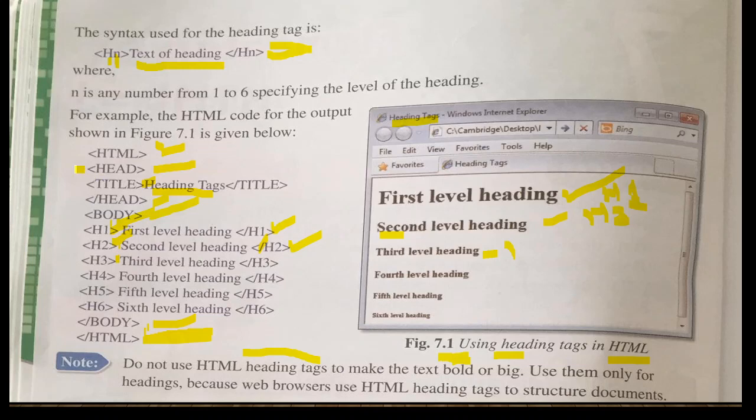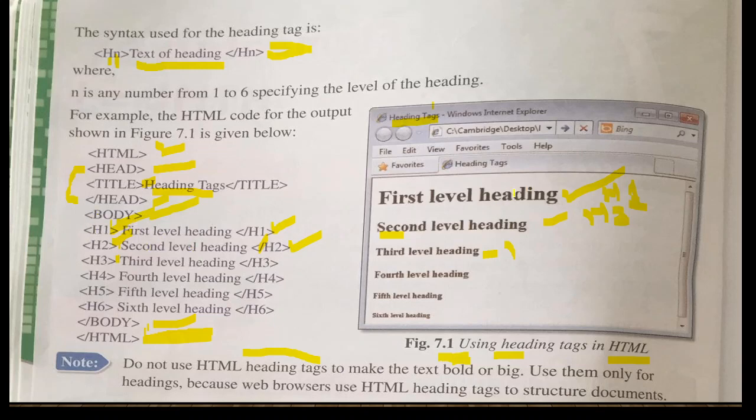And then the head. So this is the head, having a title, heading tags. As you can see here, here is the heading tags. We use the title tag to have the title for our website. And then after that, we need to close the head, and then we can now start the body of our web page.